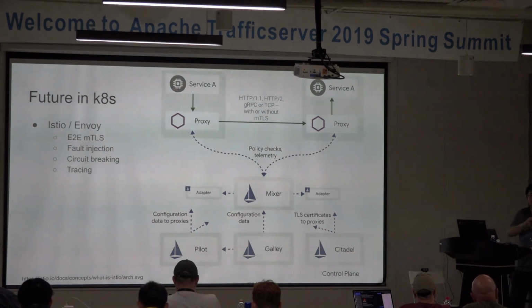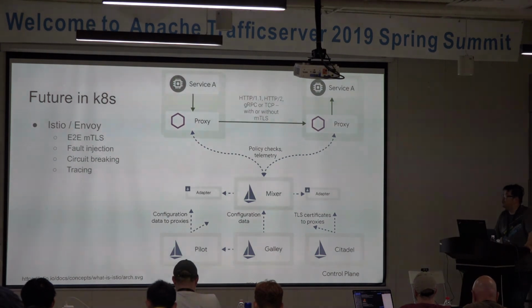We think that having ATS play the role of Envoy in the Ambassador framework is advantageous for us because they will be able to make changes for various implementations, like TLS 1.3 or stuff like that, that we basically get for free from them easily. So that's where our thoughts were.